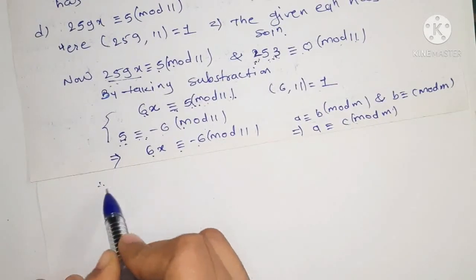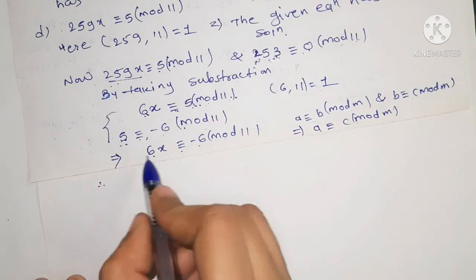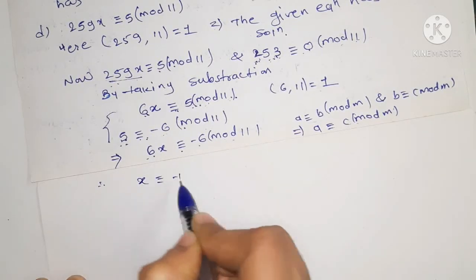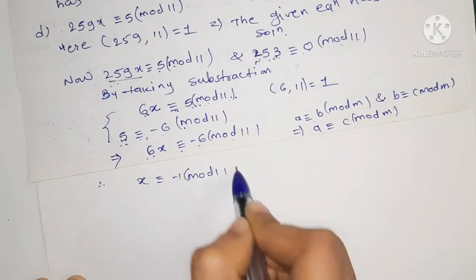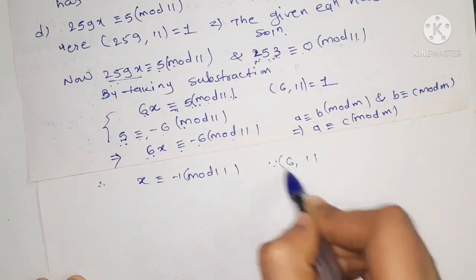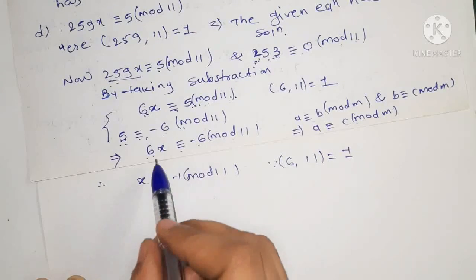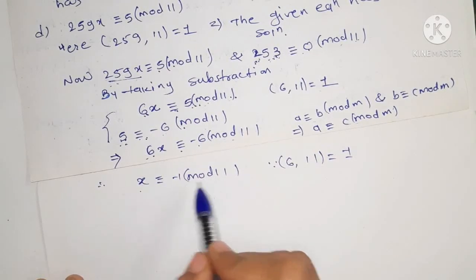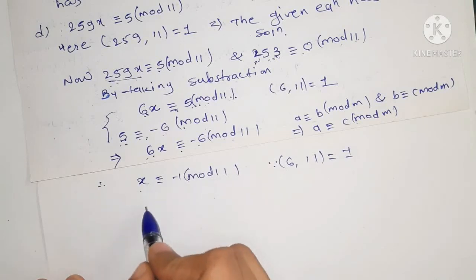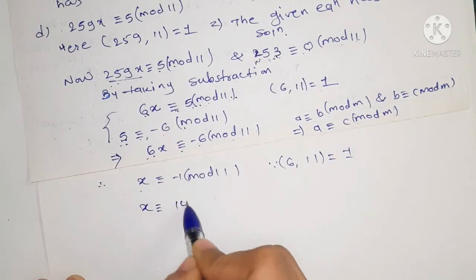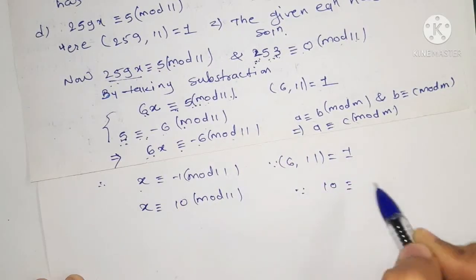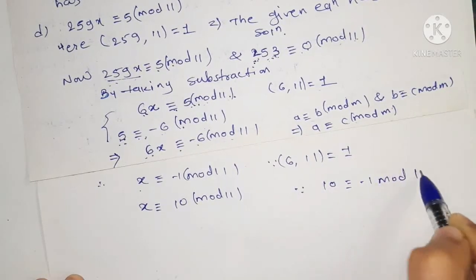Since the GCD of 6 and 11 is equal to 1, we can divide by 6, and therefore we get x is congruent to minus 1 modulo 11, and that is x congruent to 10 modulo 11, since 10 is congruent to minus 1 modulo 11.